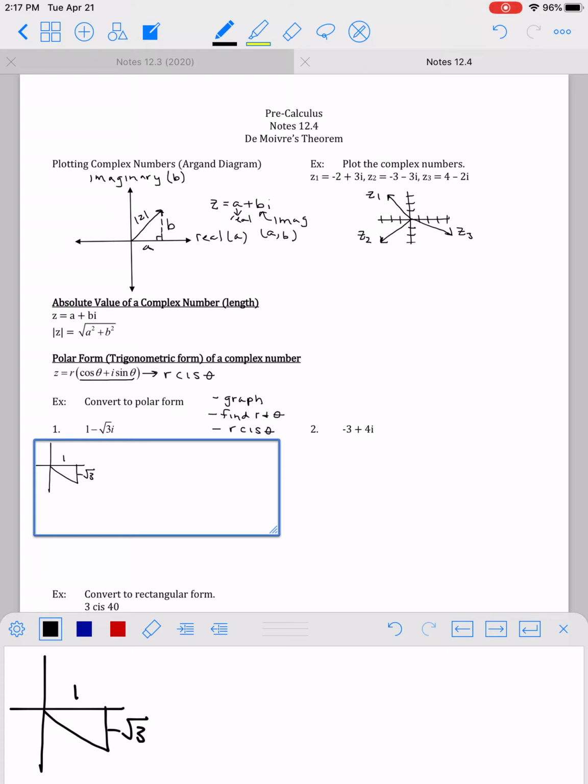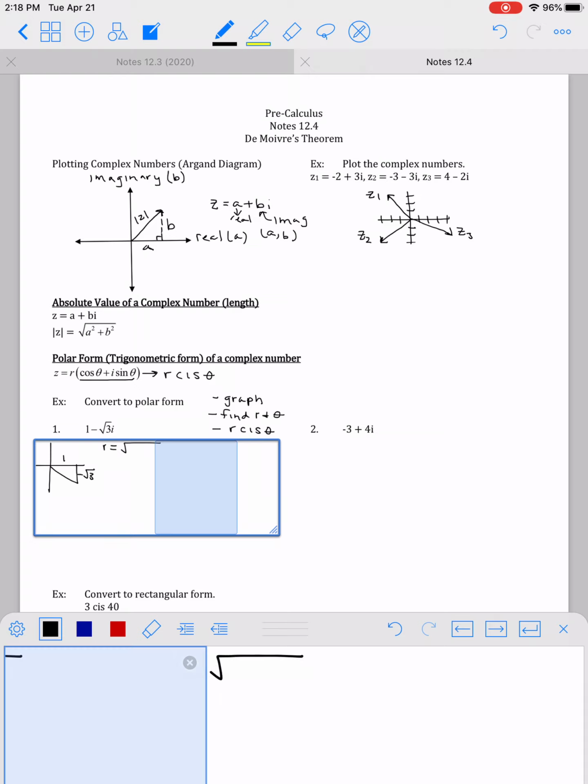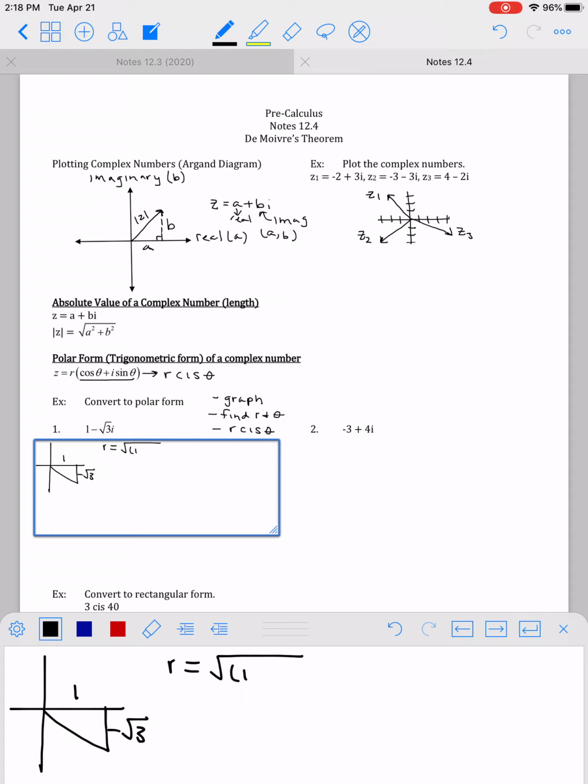And so if we think about that one, we might remember, but if not, here we go. So r is equal to the square root of 1 squared plus negative square root of 3 squared, and that's going to give us the square root of 4, which is a 2.